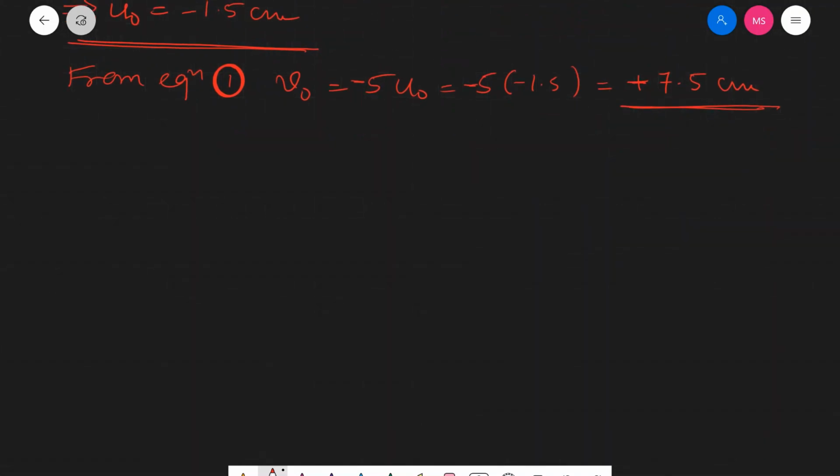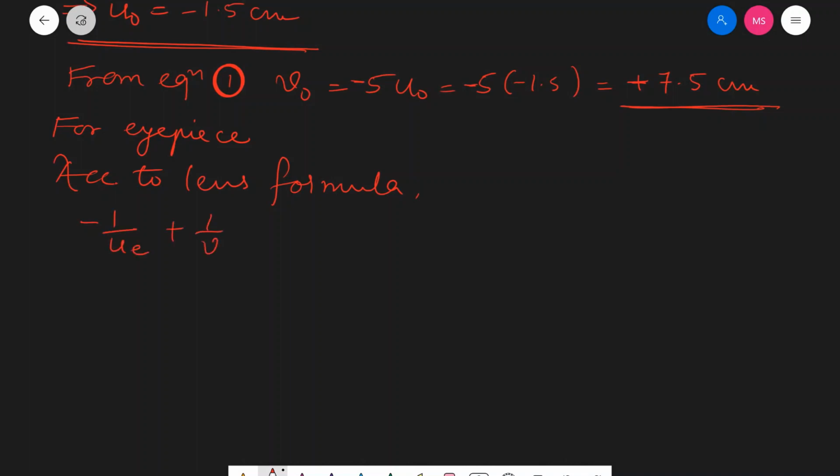Same way for eyepiece, according to lens formula, minus 1 by UE plus 1 by VE is equal to 1 by FE. So this implies that minus 1 by UE will be equal to 1 by FE minus 1 by VE. So therefore minus 1 by UE will be equal to 1 by 5 minus 1 by minus 25.